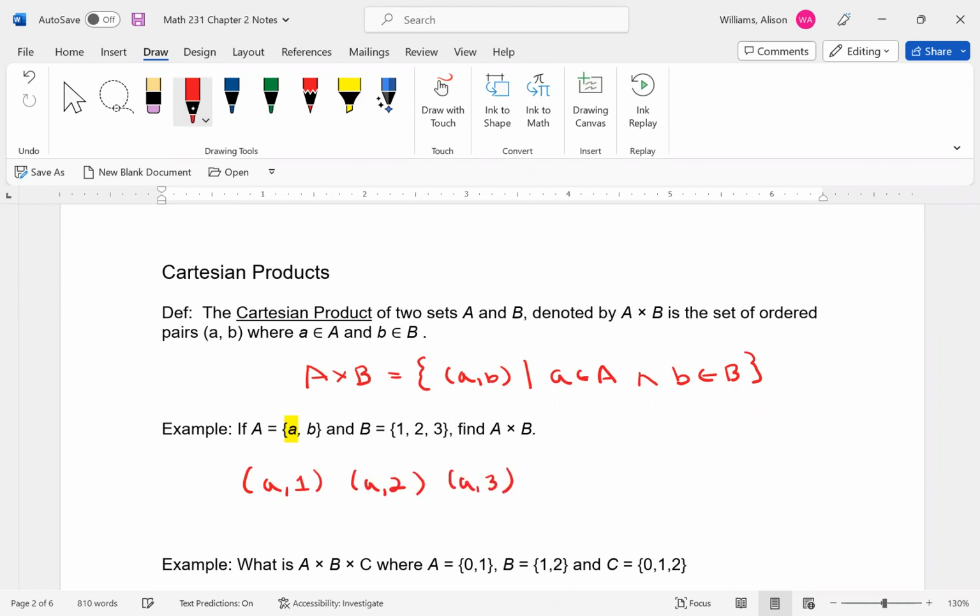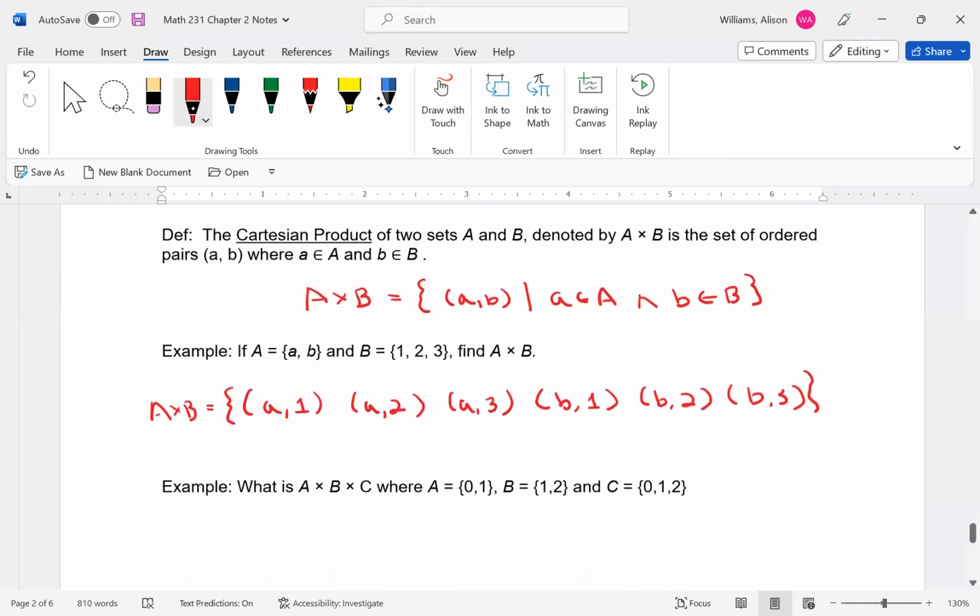Then I'll do that again for b: 1, 2, and 3. And there you go. That would be A cross B. List it out.